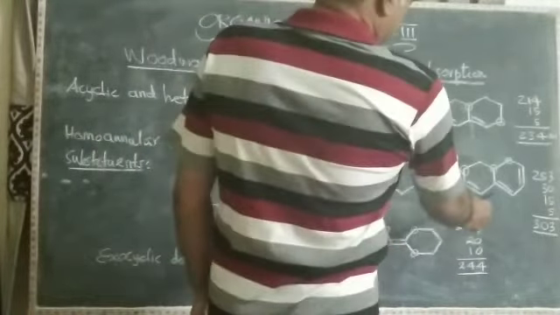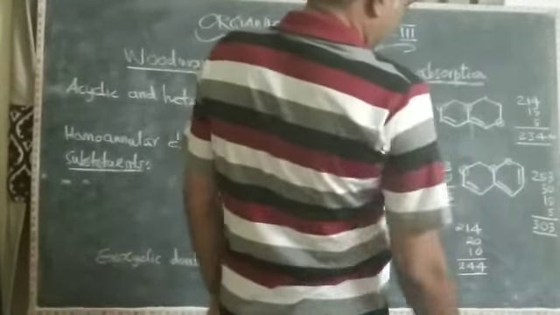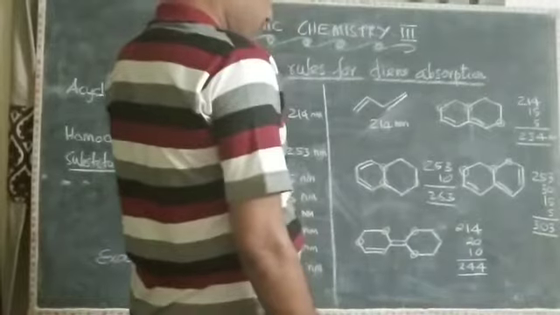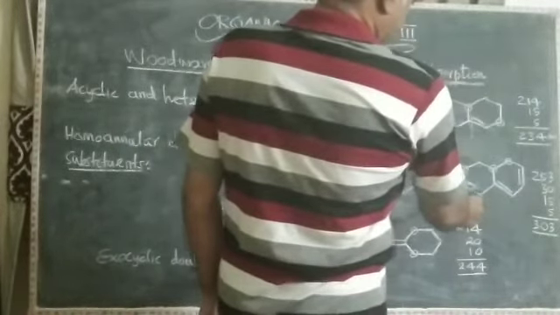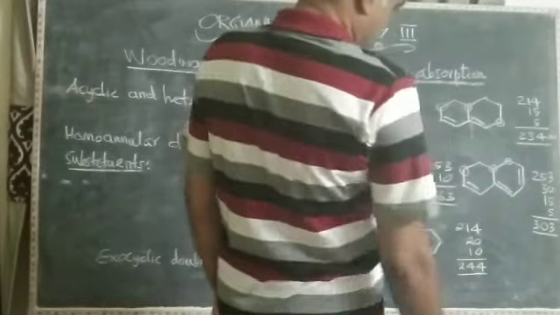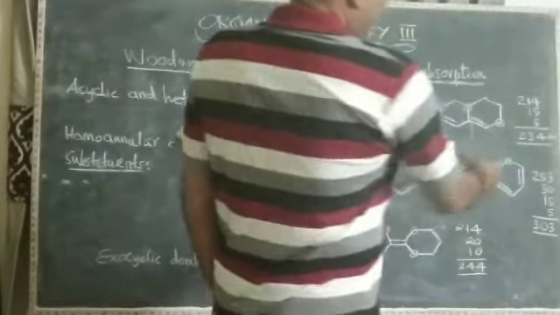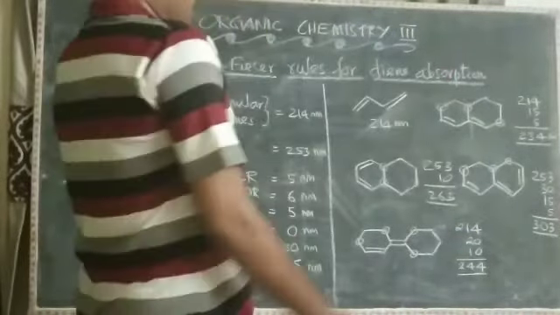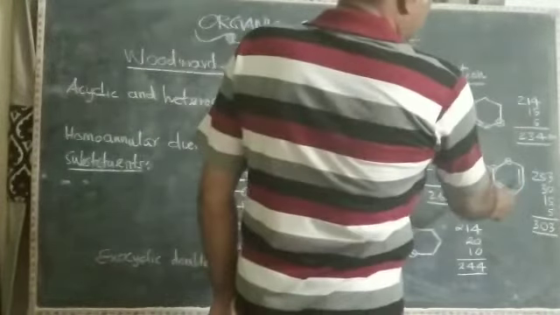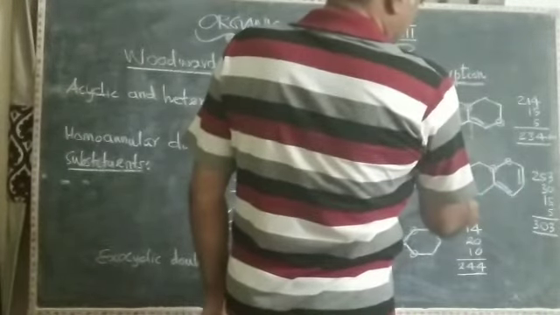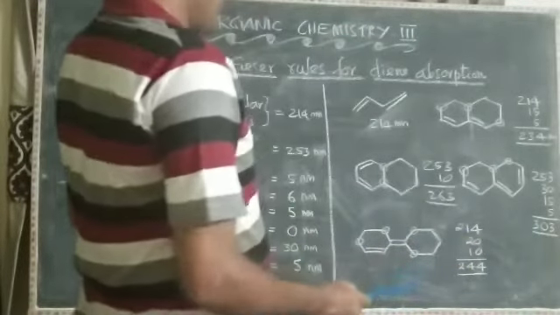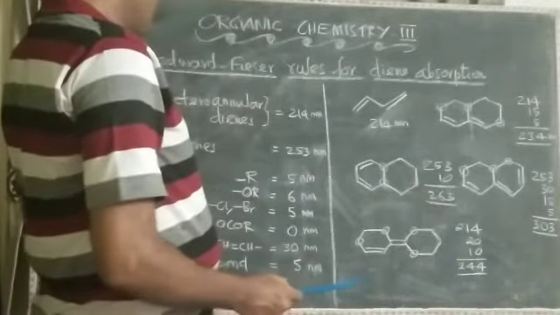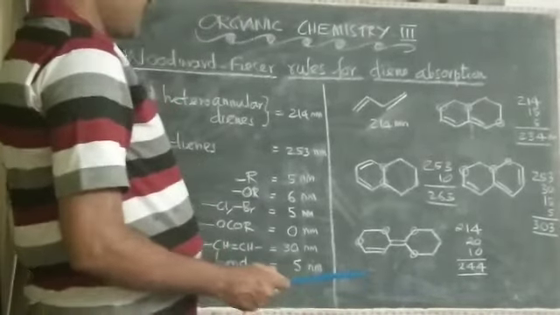Let us take this system. This system again shows two rings, and the double bonds are present in both the rings. But here there is a dilemma. The double bonds are present in the same ring as well as in another ring. So, two base values can be chosen, 214 and 253.